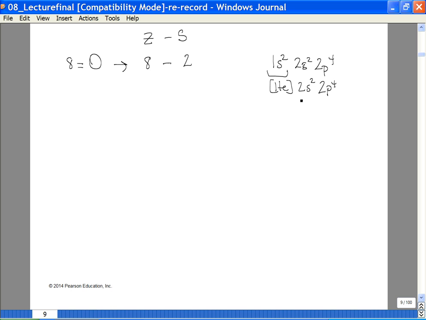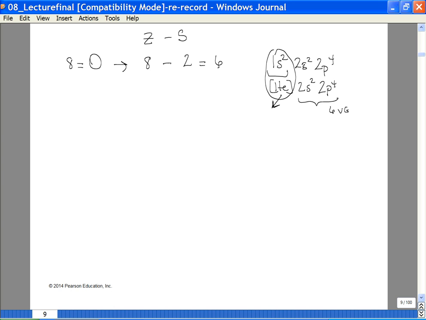That means that the number of valence electrons here is 6. But these are not the electrons that we're concerned about. The number of core electrons are the ones that we're interested in, which is 2. So that gives oxygen an effective nuclear charge of 6.